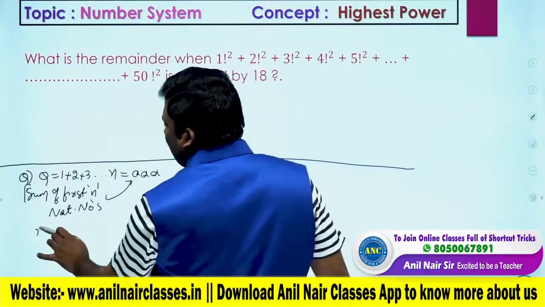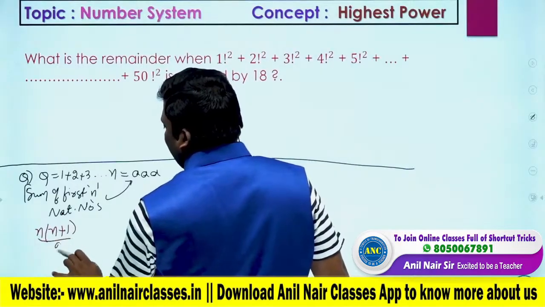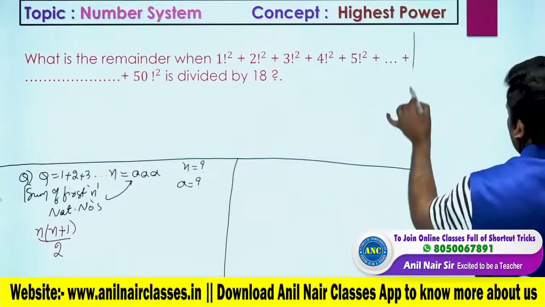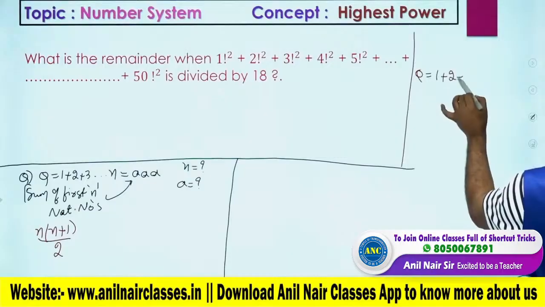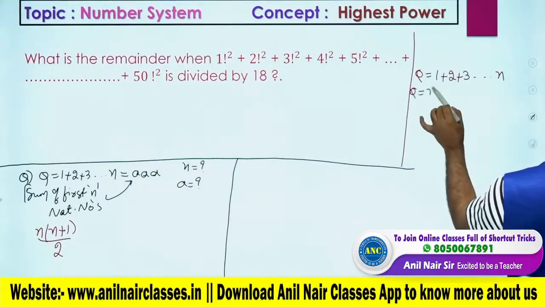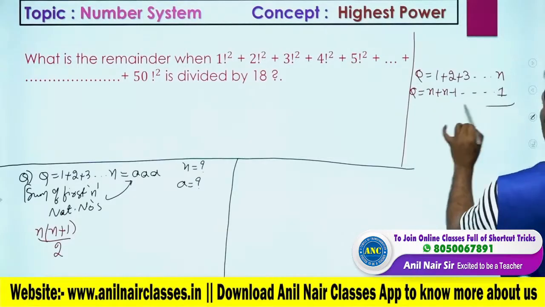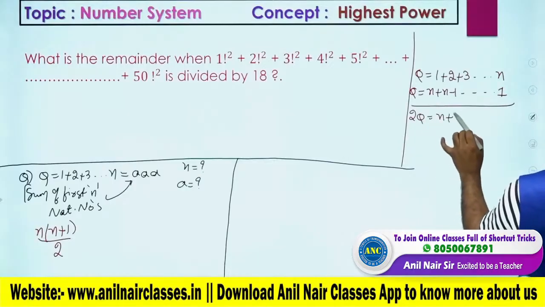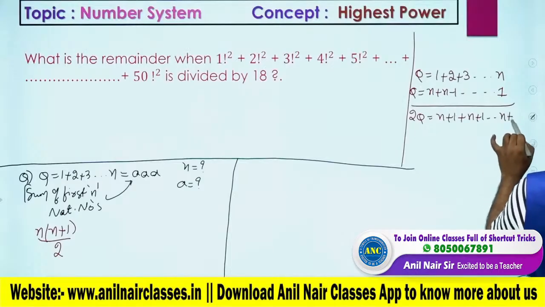The sum of the first n natural numbers, 1 to n, is n into n plus 1 by 2. In case you want the proof, Q equivalent to 1 plus 2 plus 3 and so on up to n. Write it in reverse: n plus n minus 1 and so on up to 1. Q plus Q, 2Q. It is n plus 1, n minus 1 plus 2 is n plus 1, added n times.